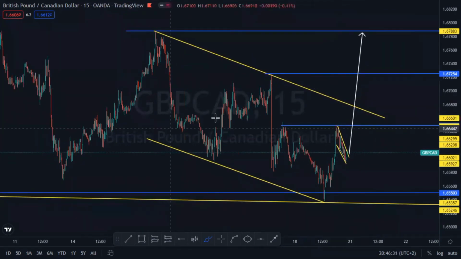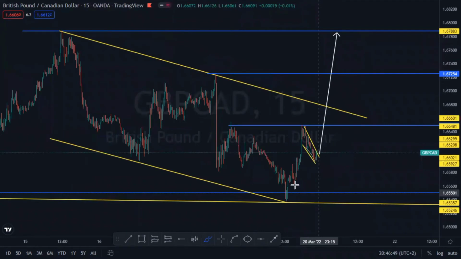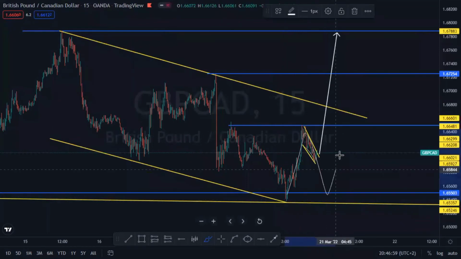So like I said, for GBPCAD, I'm looking for buying opportunities, right? The reason being that we are actually at the lowest point on the daily structure. The market gave us a double bottom on the daily structure. So on the 15-minute time frame, there are two probabilities. The first could be the market giving us a double bottom before actually pushing to the upside.